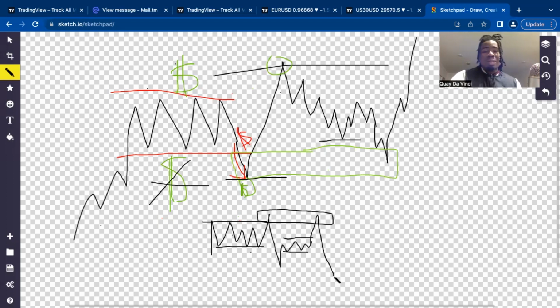But I would suggest anybody who doesn't have it to go get the course, and look up the Wyckoff strategy. Because what happens in this range is very important. And what you need to know is this right here will be considered a spring, and this right here will be considered a test.